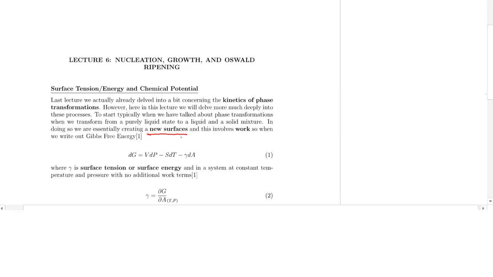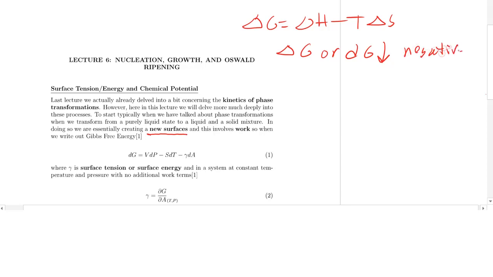So creating new surfaces, whenever we do that, this is our fundamental Gibbs free energy. And we know that we want delta G or dG to decrease. We always want Gibbs free energy to be negative. That is favorable.